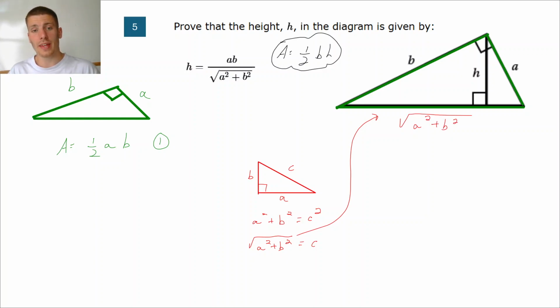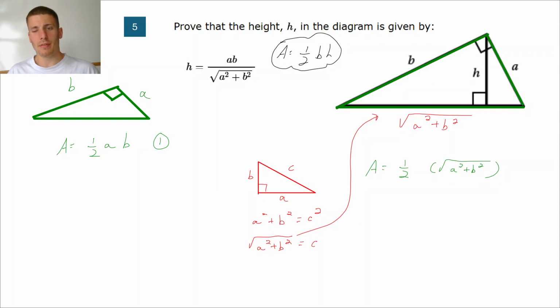Okay, so I can now get the area of this green triangle again, but this time using the base to be root a squared plus b squared, and then the vertical height to be h. So using the same triangle, I can say that the area is defined to be half times the base. This time the base is that root a squared plus b squared. So let's write it: root a squared plus b squared over here.